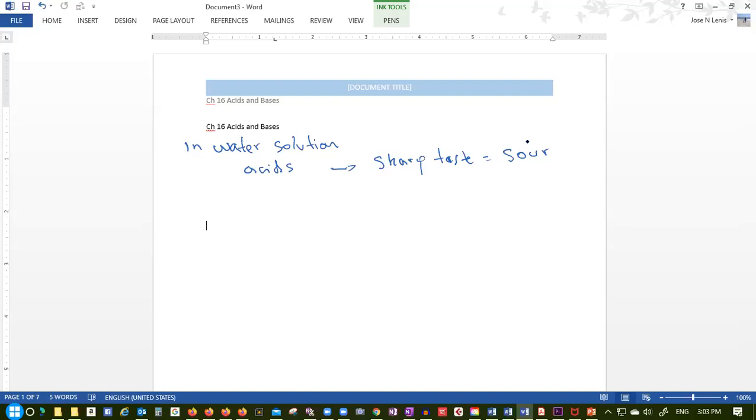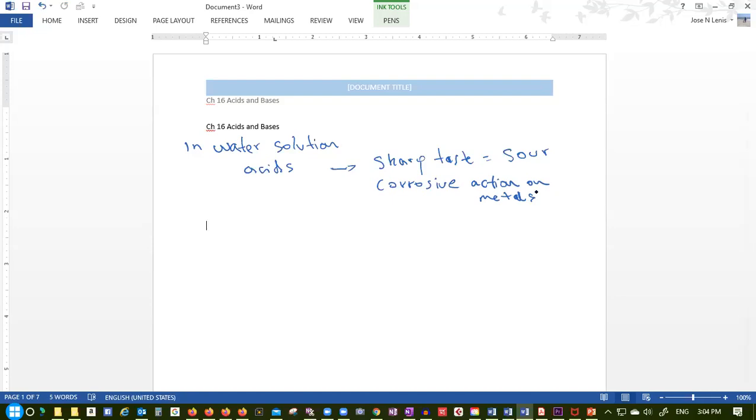Also, those acids in aqueous solutions present another property, and we say that they are corrosive. They show a corrosive action on metals. That means they react with metals and they dissolve metals.